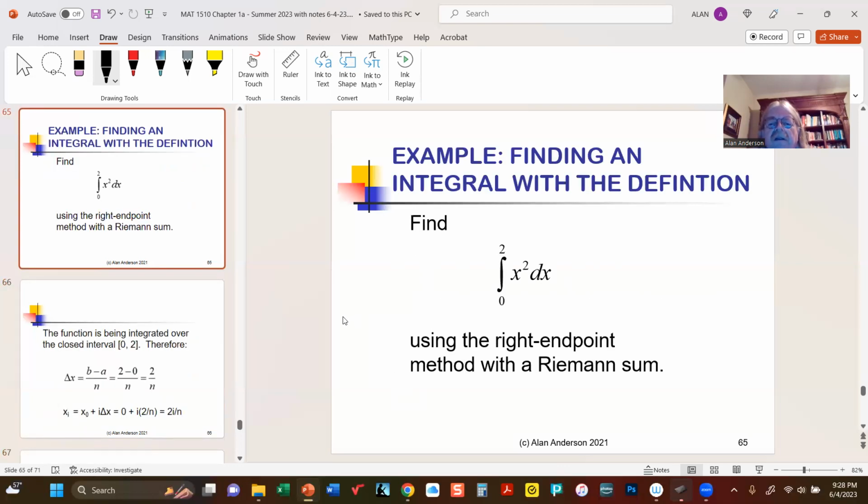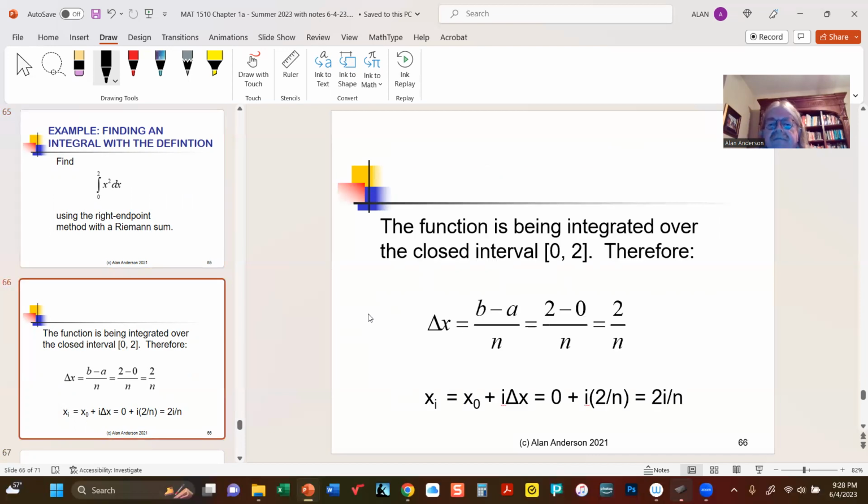Now, here they're going to use the Riemann sum to come up with the approximation of this integral. By the way, we know what this function looks like, so let's draw a picture of it.